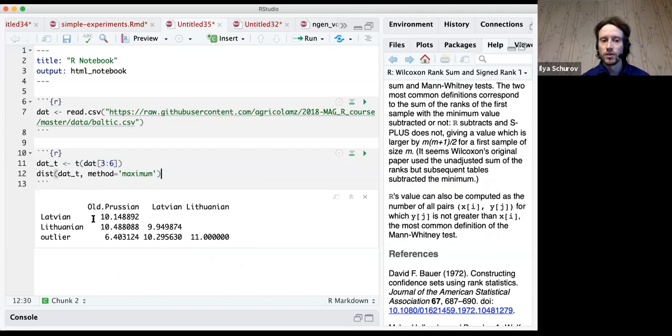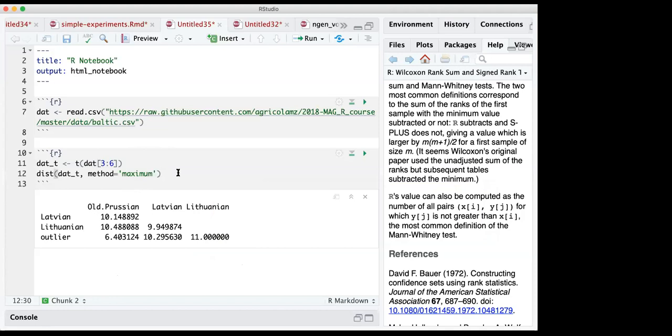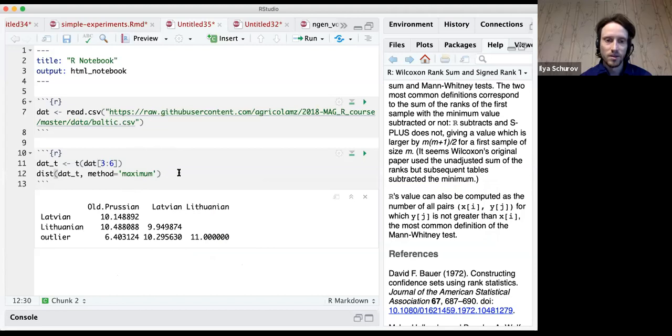How do you think, what will be the result for this method, maximum? Actually, I don't know. I just have a guess. If I use as a distance between two rows the maximum of the difference between elements of these rows. Displays to me something like binary. Yes, but what will we get in this matrix?